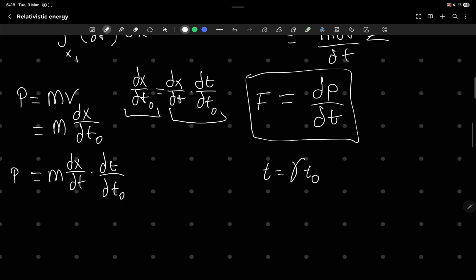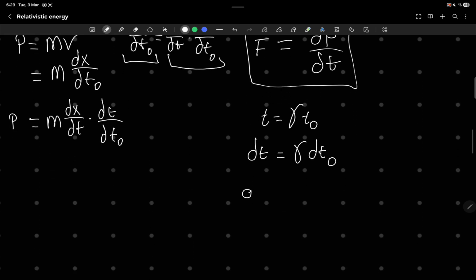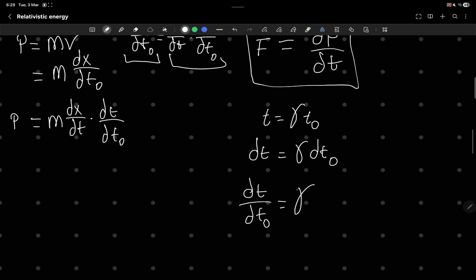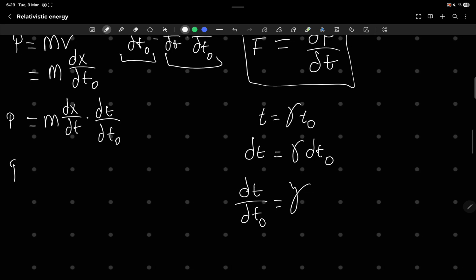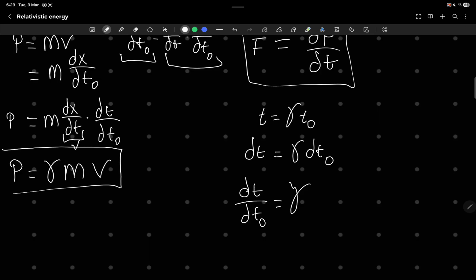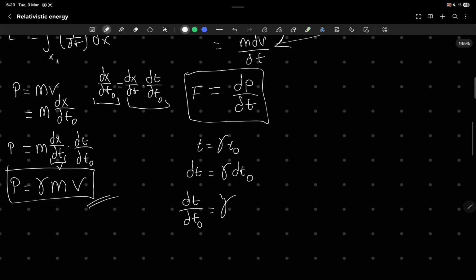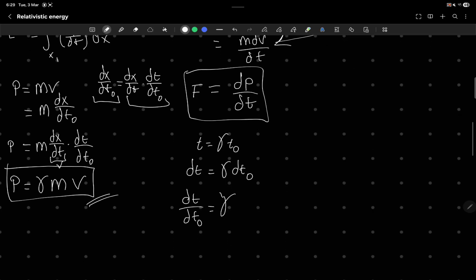And so if we just differentiate both sides, we get dt is equal to gamma dt naught. And so dt by dt naught is just equal to a factor of gamma. Okay, so p is equal to gamma m, and then dx by dt is just velocity, so we can write gamma mv. Nice. Okay, we've got relativistic momentum.